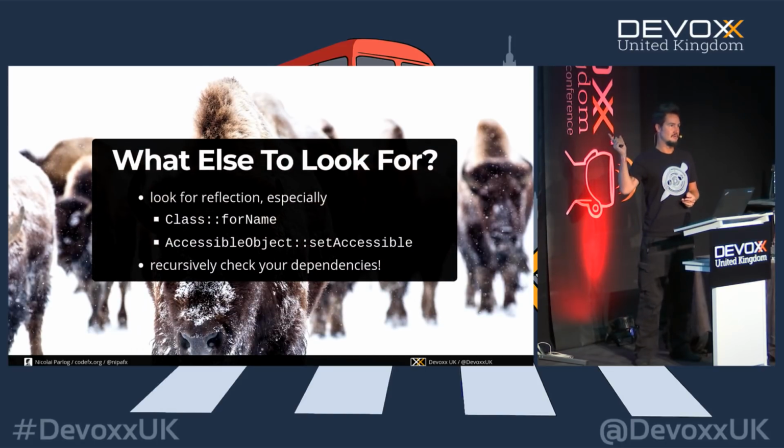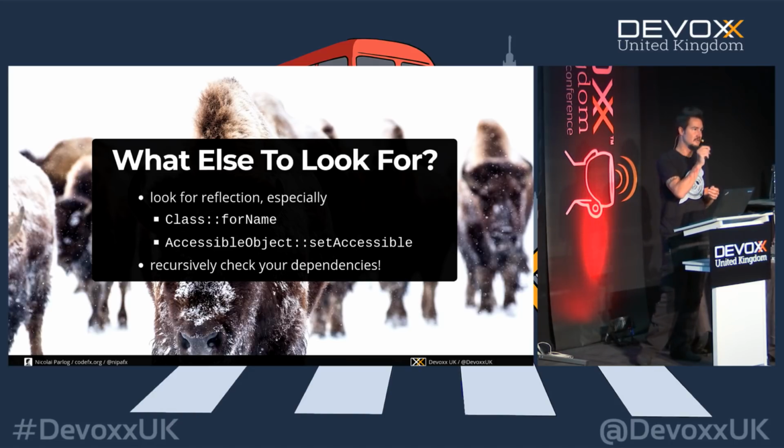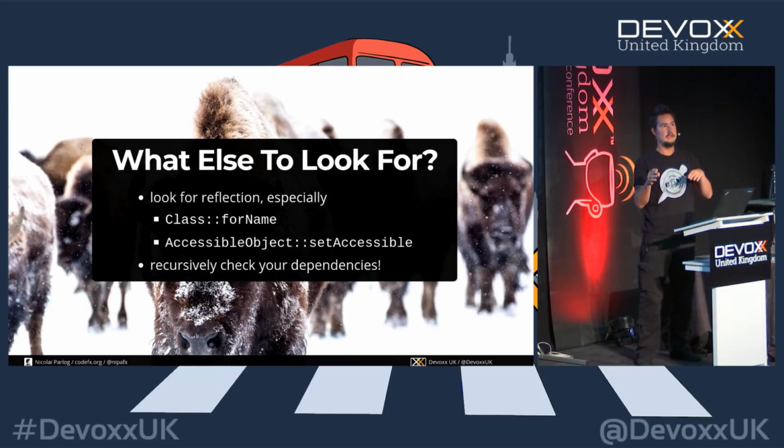But this only analyzes bytecode. So if you use reflection, you have to check that as well, manually. Any call of Class.forName, which usually starts these reflection pipelines, is a cause for consideration to look into it. And the calls to setAccessible are specifically the calls that might fail. If you call setAccessible on something that is an internal API, it will fail.